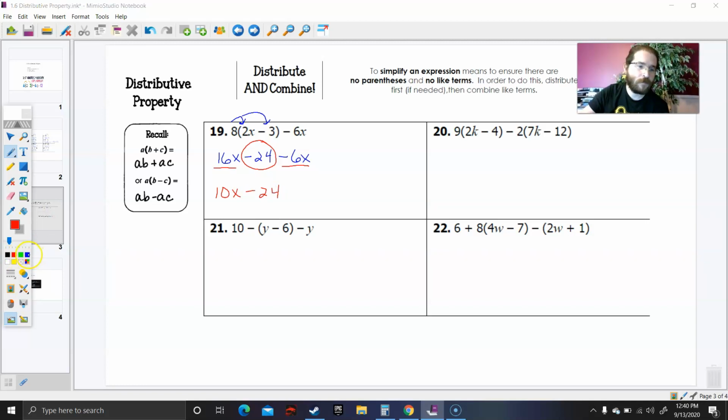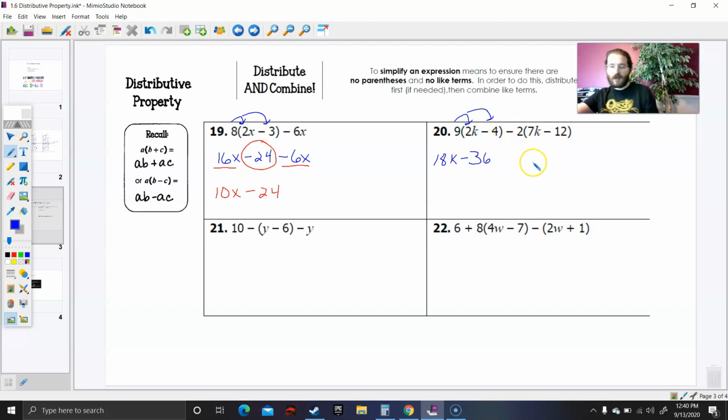Okay? A couple more. So now we have two different examples with distributive property. We got to do each one of these first, and then we combine. All right, so 9 times 2, we get 18k. 9 times negative 4, that's the 36, so we get minus 36. All right, now this one, we have the subtraction symbol.